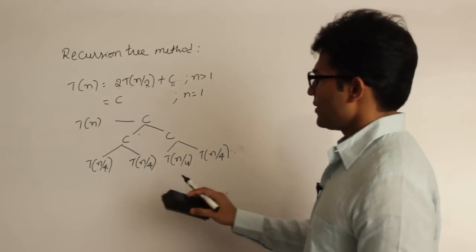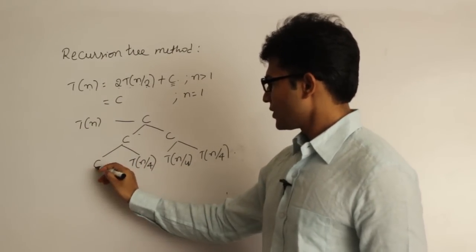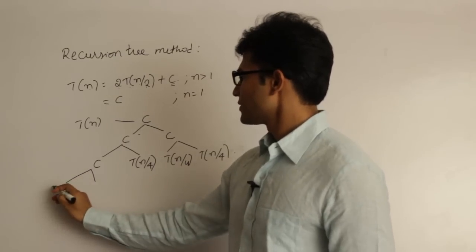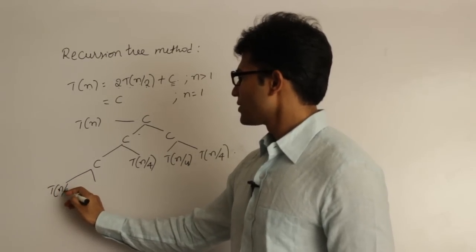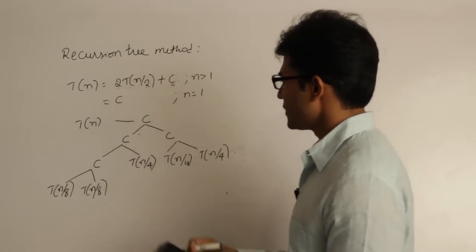And again at this level, if I do some constant amount of work, we could break the problem into two instances, T of n by 8, T of n by 8. The same thing happens here.